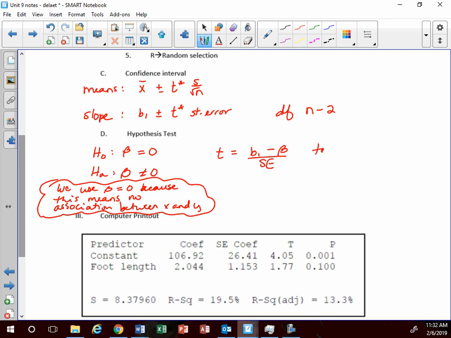Remember, it's always the statistic minus the parameter over standard deviation of statistic, which is your standard error at this point. Okay, so this stuff should look familiar to you. This is what you've been doing for your test statistics in the past. We're just now looking at it in terms of slope.